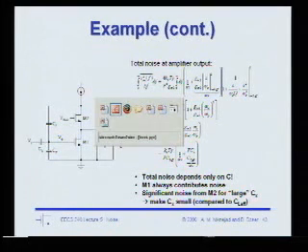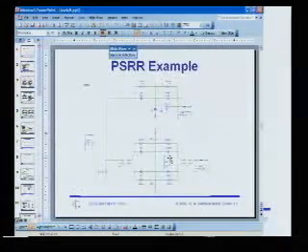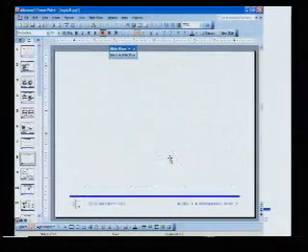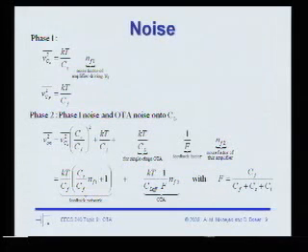All right, so now let's go back to where we left off. Let me just remind you of what we were looking at when we did this calculation. We want to analyze the total output noise of this amplifier, and we split it into two phases.